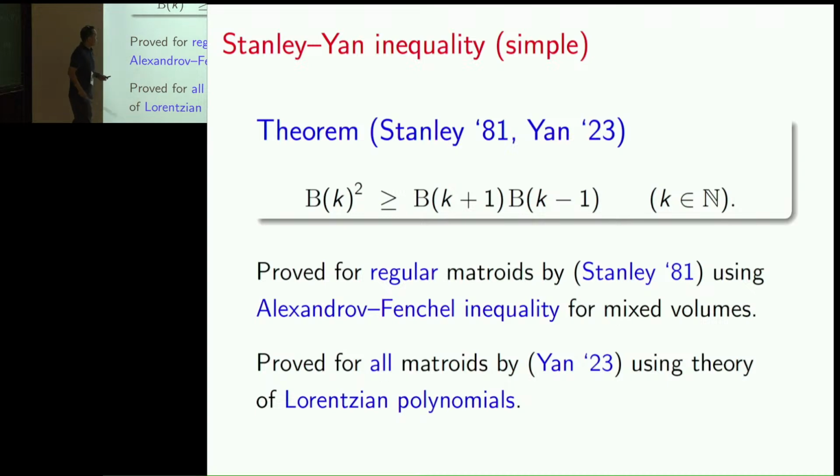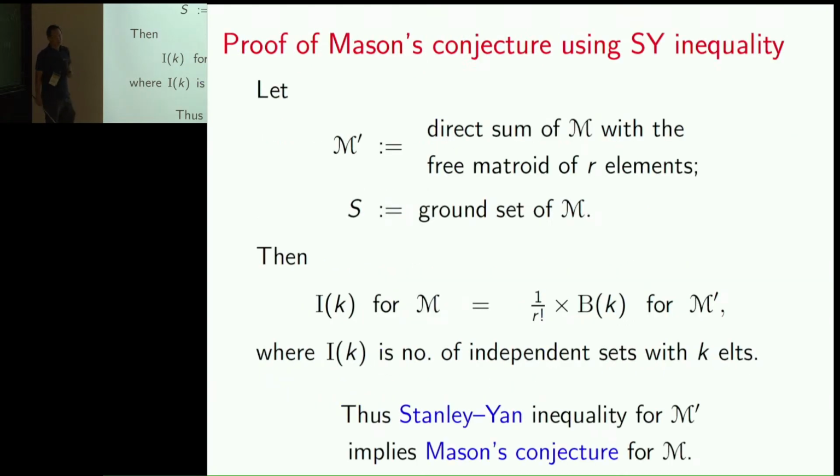Okay? And I claim that this Stanleyian inequality is a generalization of Mason's inequality in the following sense. Consider the original matroid M in Mason's inequality. We construct a new matroid M prime, which is the direct sum of M with the free matroid.